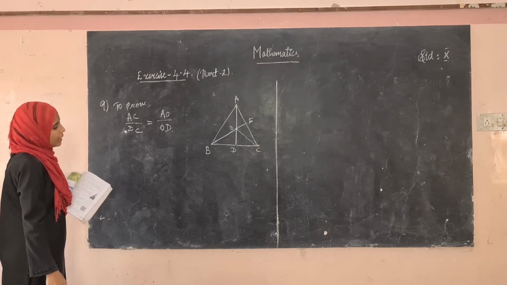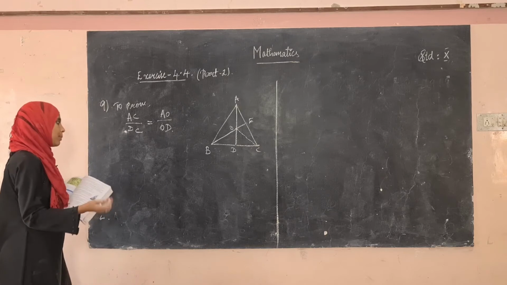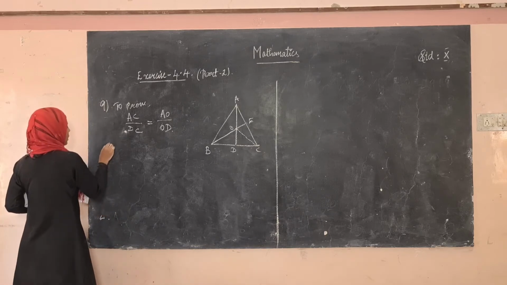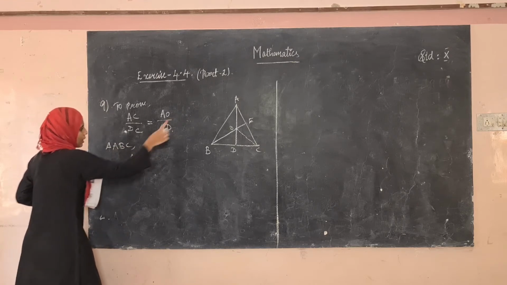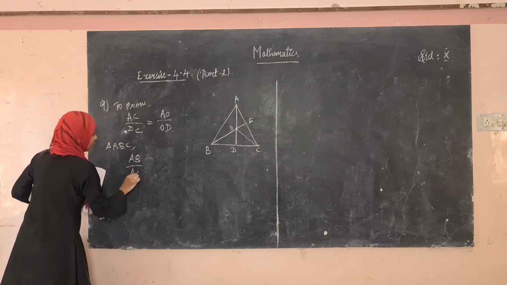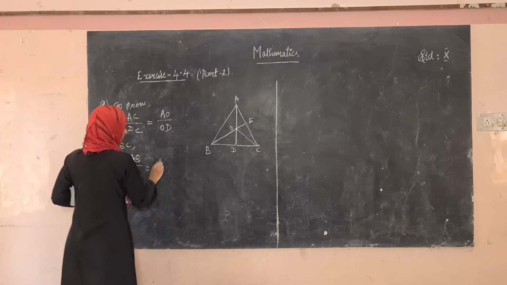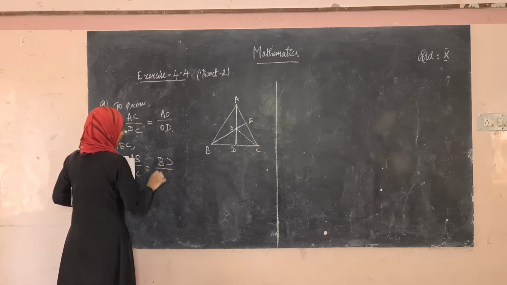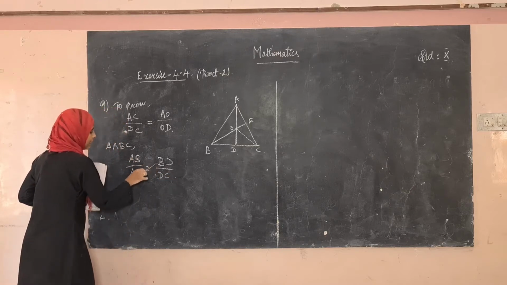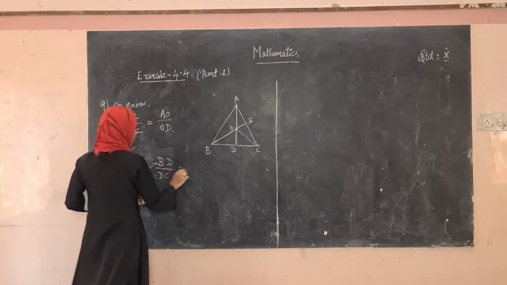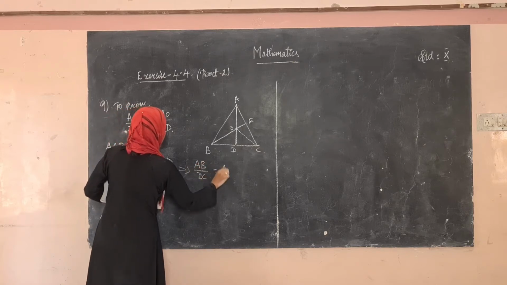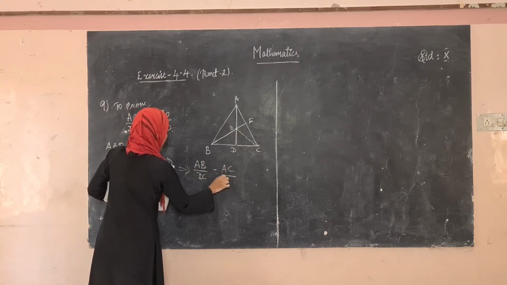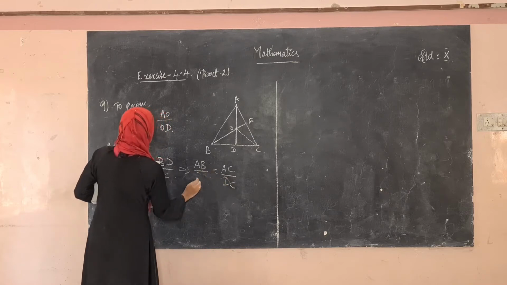Now let us take the triangle ABC first. From this we can write AB divided by AC is equal to BD divided by DC. Let us interchange these two: AB divided by BD is equal to AC divided by DC.